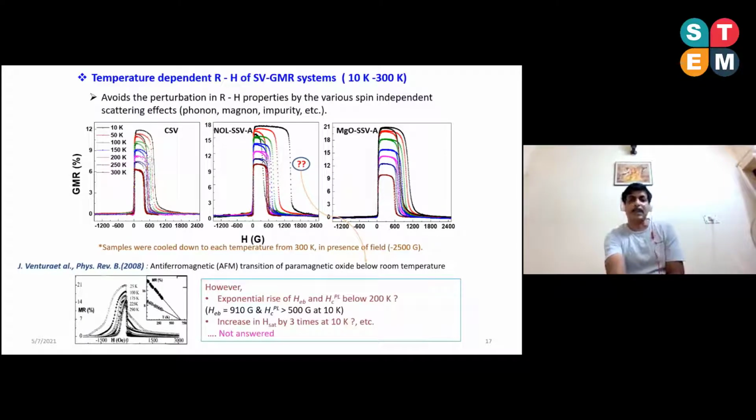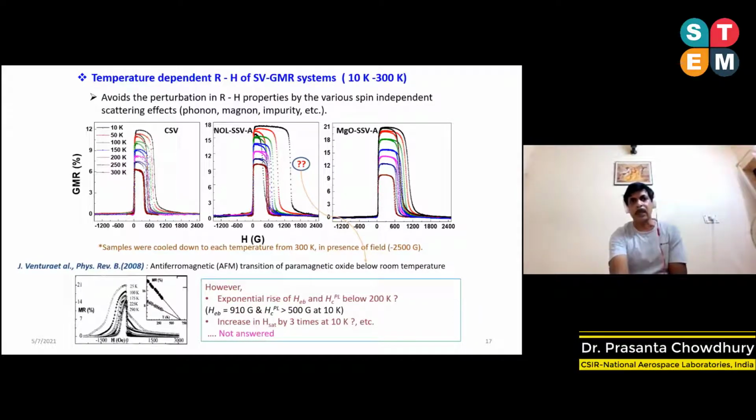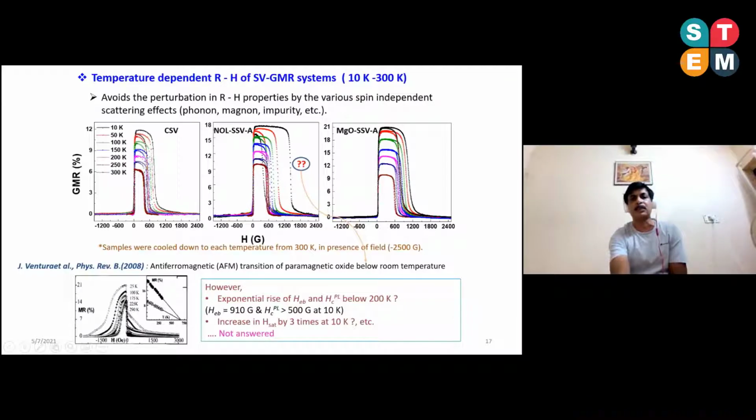For that, we have studied the temperature range between 10K and 300K. If we look at the MgO sample, where there is no NOL and no antiferromagnetic insulator, at 300K we see the usual behavior, and until 200K the behavior is quite similar.